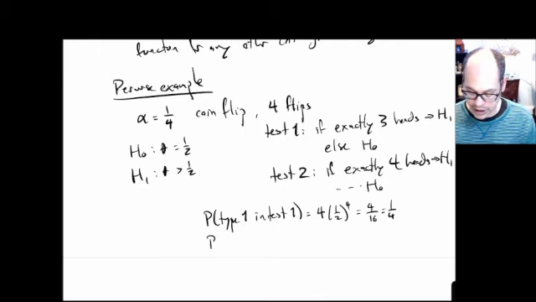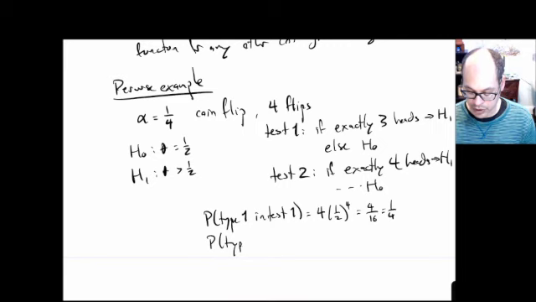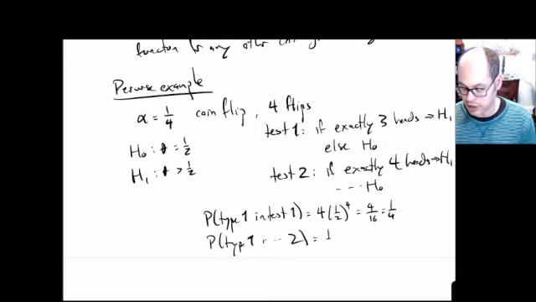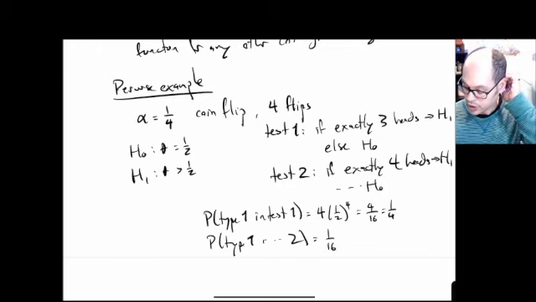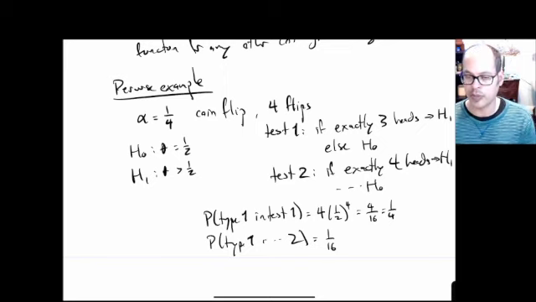If I said 3 or 4 heads, that would increase my probability of a type 1 error above 1/4, which would make that test not have the right alpha level. Of course, I can look at the type 1 error in test number 2, and I find that it's 1/16, which is certainly below that alpha level. So these are a couple of valid tests, but the more obvious test of 3 or 4 heads is not allowed by our constraint of alpha being a 4th.